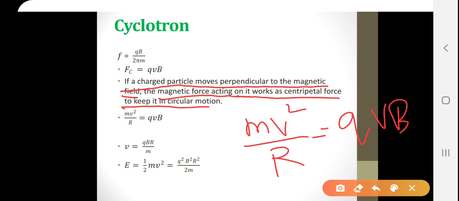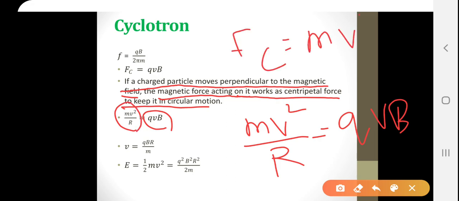Okay, so this is the centripetal force, which is equal to mv square by r. Mv square by r is nothing but the centripetal force, Fc.